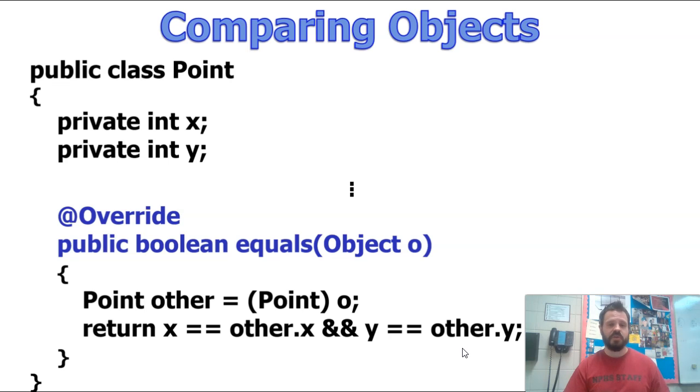You don't need to worry about doing this, and actually, for practical purposes there would probably be a few more lines of code in the beginning to test and make sure that our object is of the right type before we cast it. Overriding the equals method isn't something you need for the AP exam. It is a little confusing.